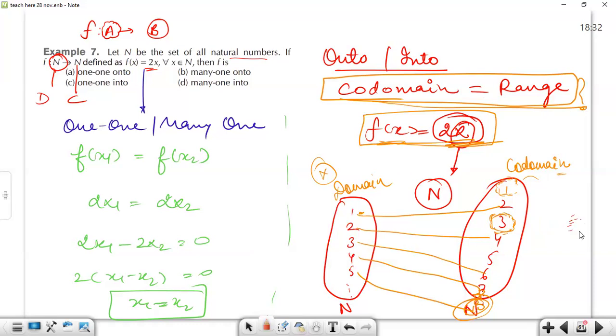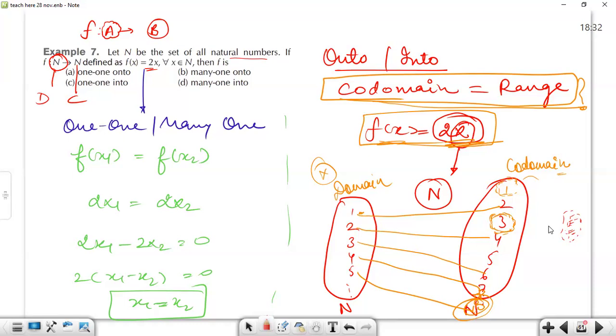Because there's not a domain for a few codomain elements. Like 3, 5 and all don't have any. And why don't they have any? Because they don't obey the 2x function. Yes. Very right. So here codomain is not equal to range.